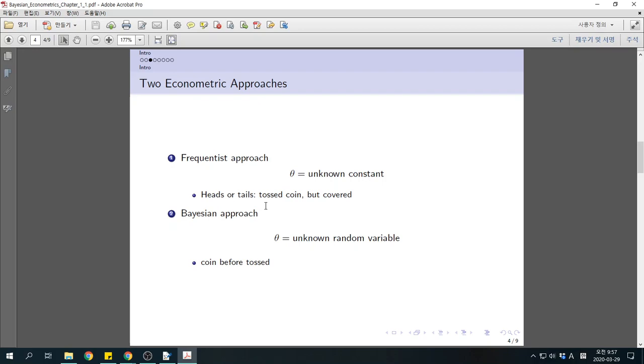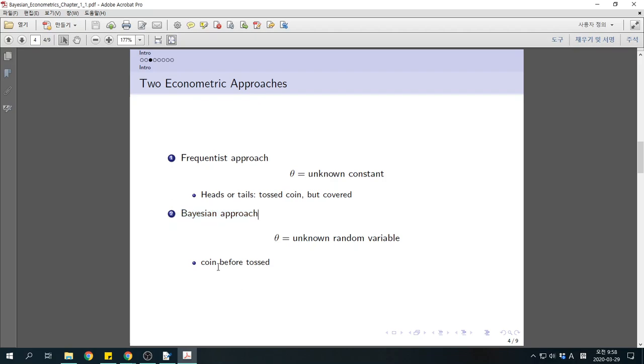It used to be random. Nobody knows. But anyway, this is hidden. The point is that this is hidden. That's why it's unknown. That's why this head or tail is considered an unknown constant, because it's fixed at head or tail, but it's hidden or covered, right?